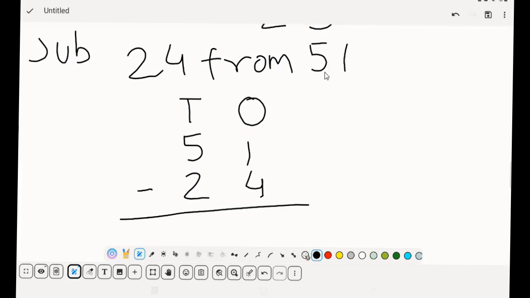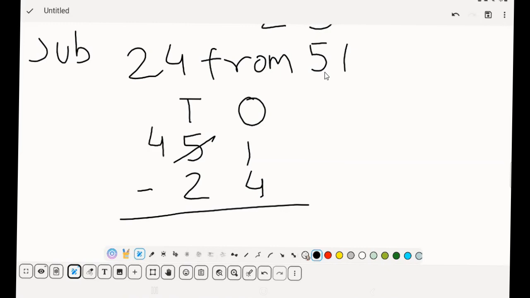Then how can you subtract it? You have a smaller number, right? 1 is smaller than 4. How will you subtract it? Similarly, simply we have to take a borrow from the tens group. So how will you take the borrow? You will simply cut the 5. It becomes 1 less than 5, that is 4.